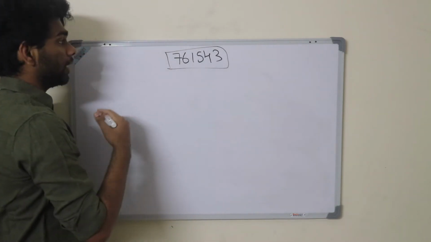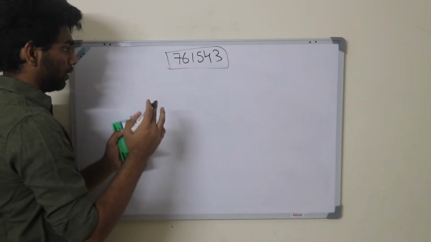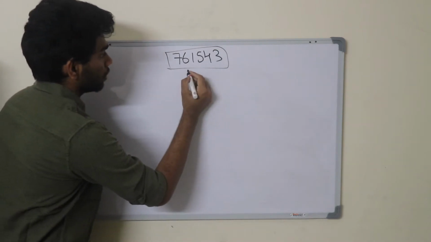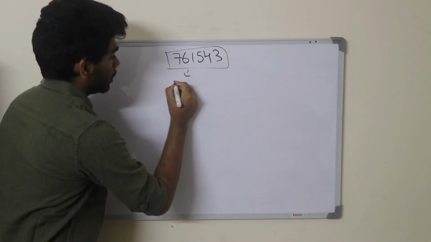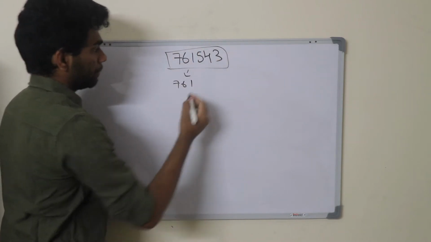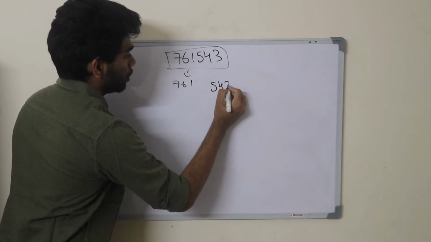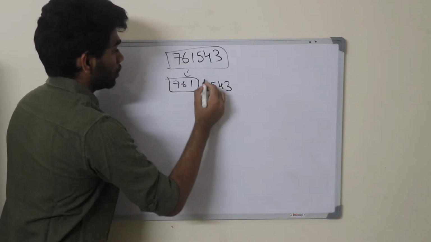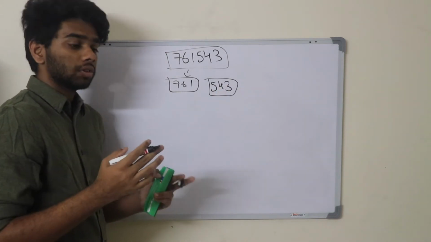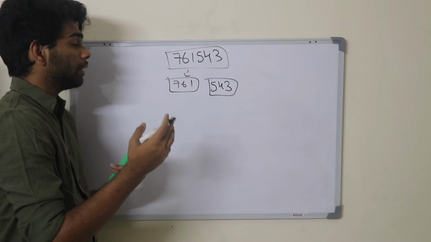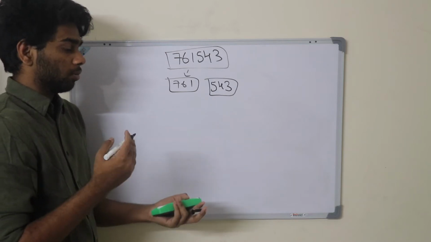Firstly we divide it into 3 and 3: 7, 6, 1 and 5, 4, 3. When we divide into these 2 parts, the first point is that we divide the main problem into sub-problems.